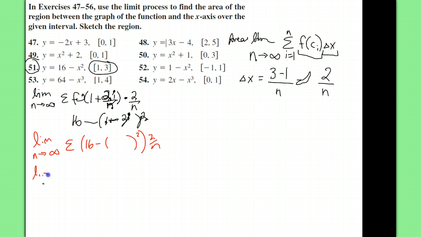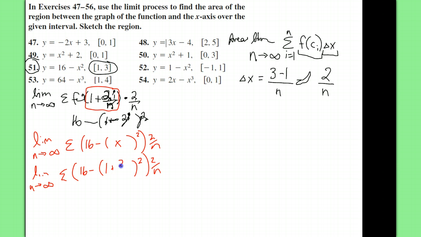And so the limit as n goes to infinity of the summation of 16 minus, well, what's my x value? That's the key. My function's x, but what is my x as I plug it in?